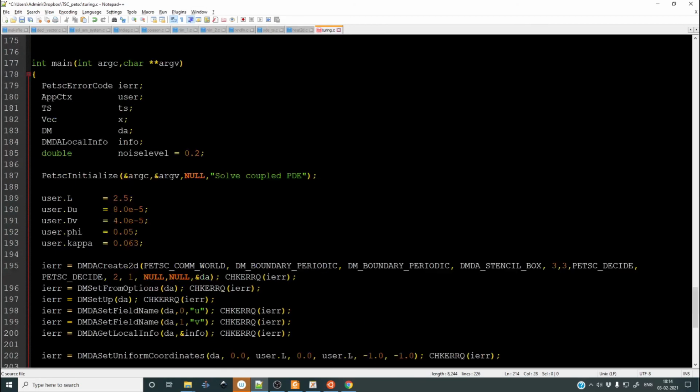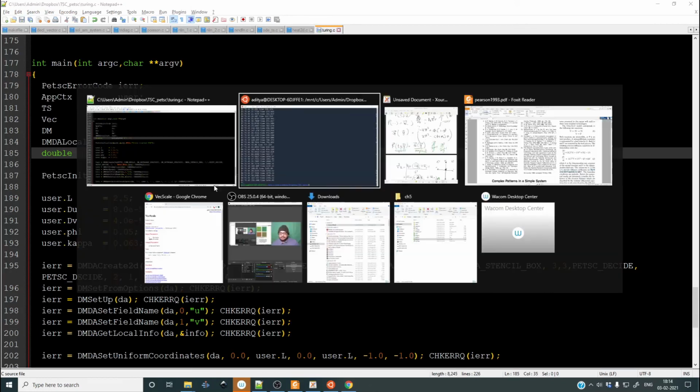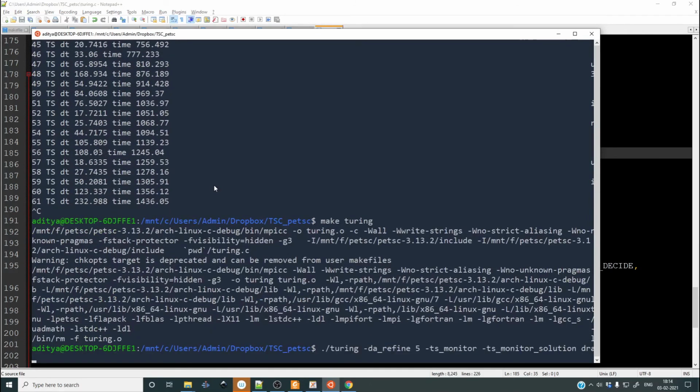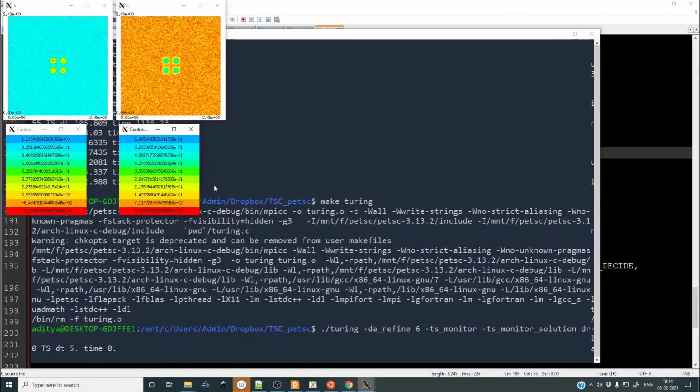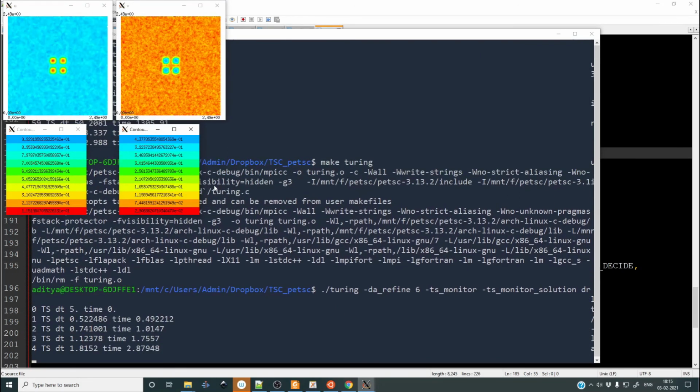And let me change the noise pattern to 0.15. So let's make the file. Let me refine it a bit more. Let's see if we can get something fantastic out of this.